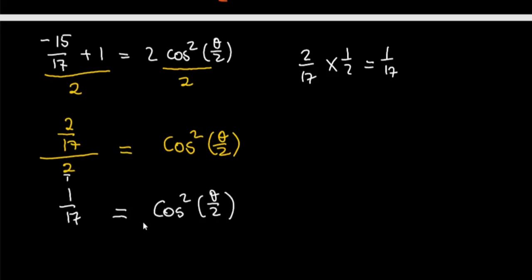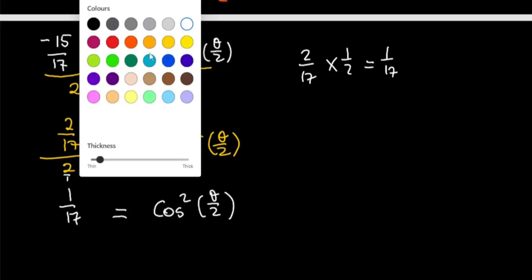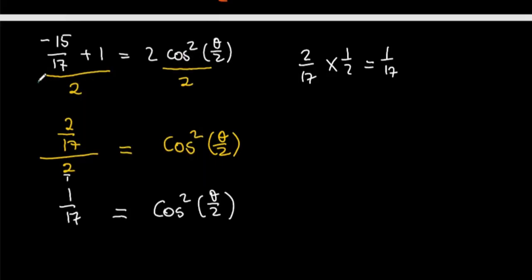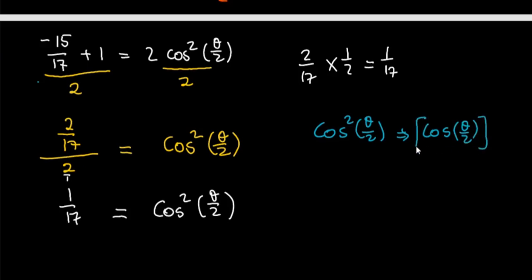So now, square both sides to remove. Remember, I just want to explain how cos squared theta works. If I have the cos squared of theta over 2, just know that this is the same as writing the cos inside the bracket theta over 2 and everything squared.